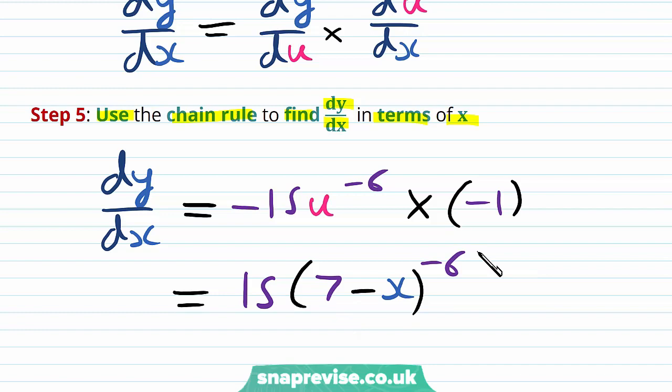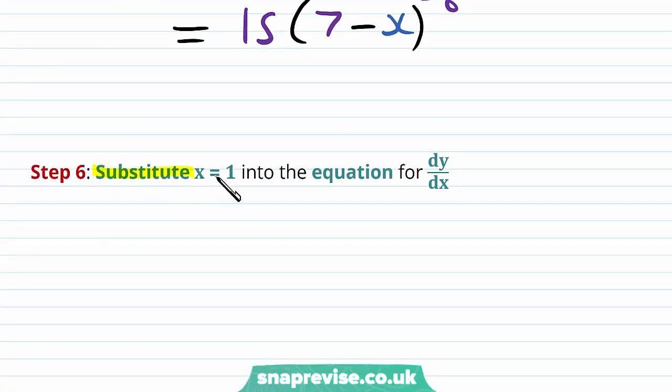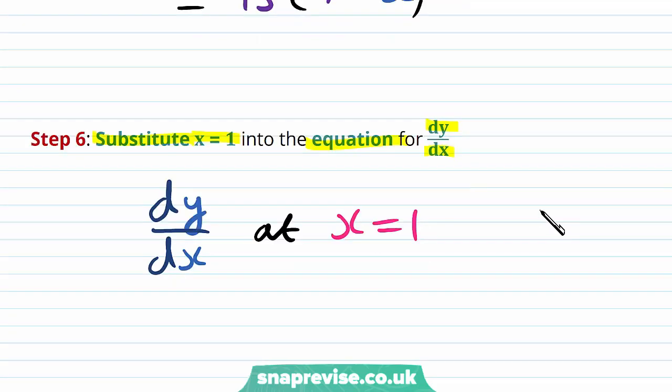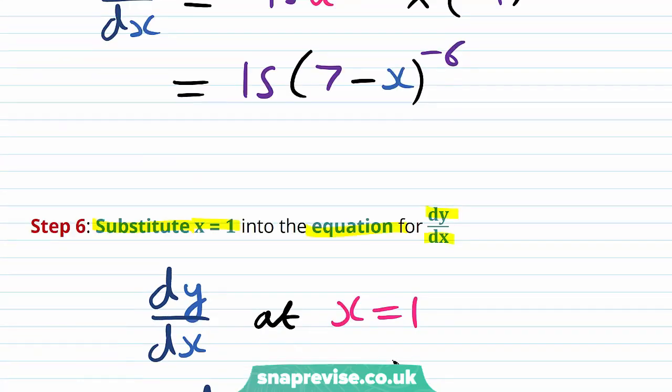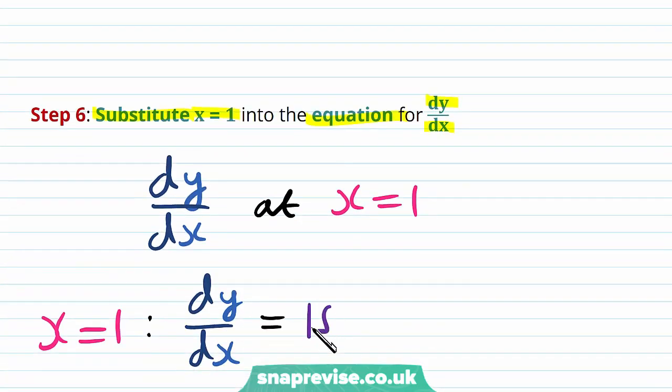to the power of minus 6. Our last step is to substitute x equals 1 into the equation for dy by dx. In the question, we are asked to find the value of dy by dx at x equals 1. And so when x equals 1, the value of dy by dx, by looking at our expression for dy by dx that we derived above, is going to be equal to 15 multiplied by (7 minus the 1 from the x) to the power of minus 6.